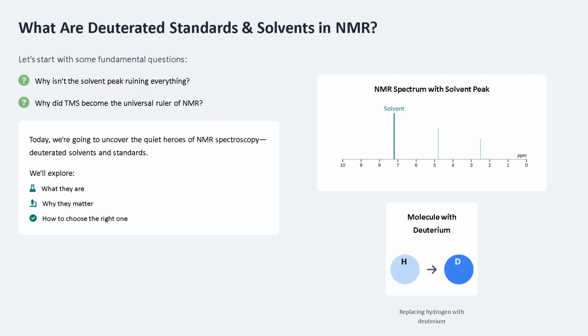If we used regular solvents, their peaks would dominate the entire spectrum, completely drowning out the signals from our compound of interest. This was the first major challenge in the early days of NMR. How do we dissolve the sample without overwhelming the signal we actually care about?